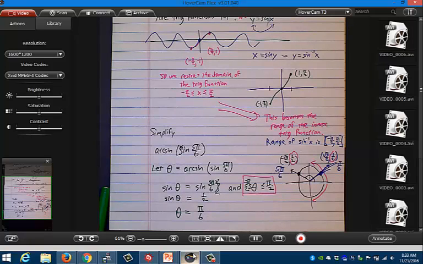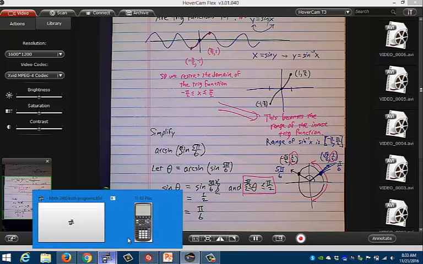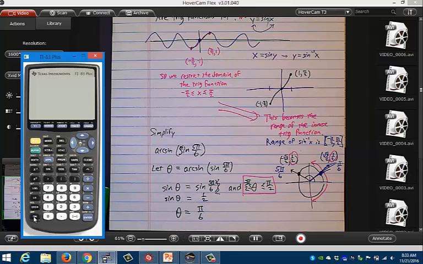Yeah, Ashton? So would 5 over 6 be wrong for that answer? Oh yeah, it would be wrong. It's not in the correct range. Matter of fact, if I take my calculator, let's see what the calculator would say. Just curious. If I say inverse sine of the sine of 5 pi over 6, what does it tell me?